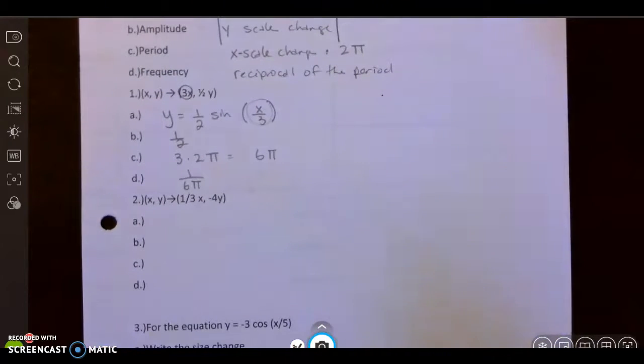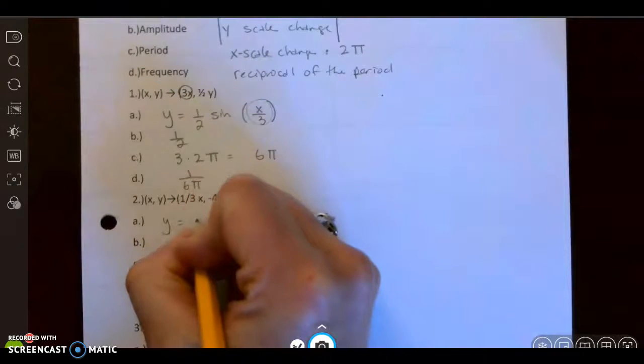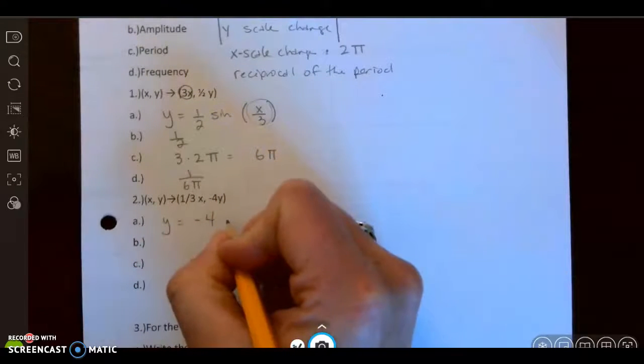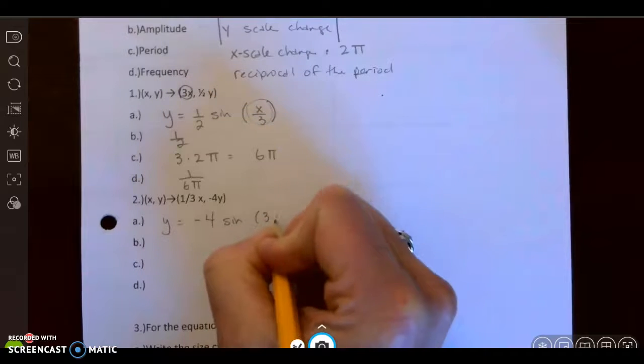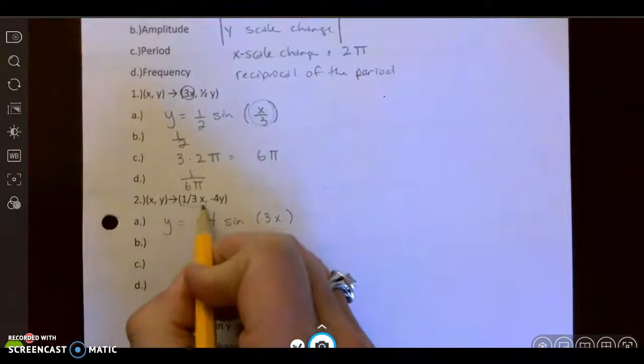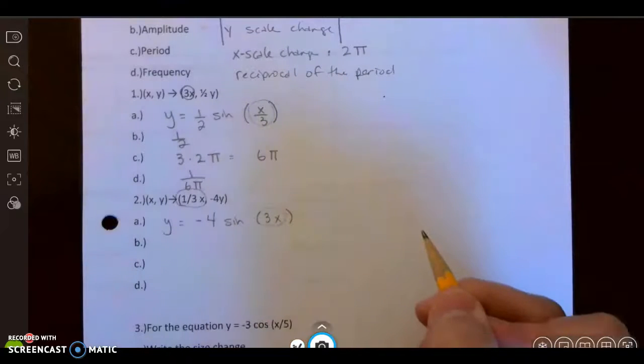All right, number 2. Same thing. Write the equation. Y equals -4 times the sine of 3 times x. Notice again, 1/3, so then this is 3 times x.